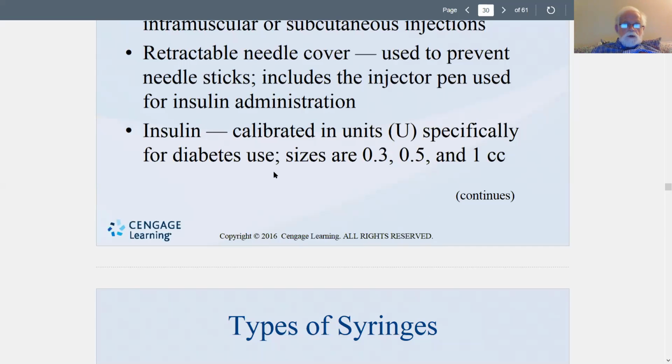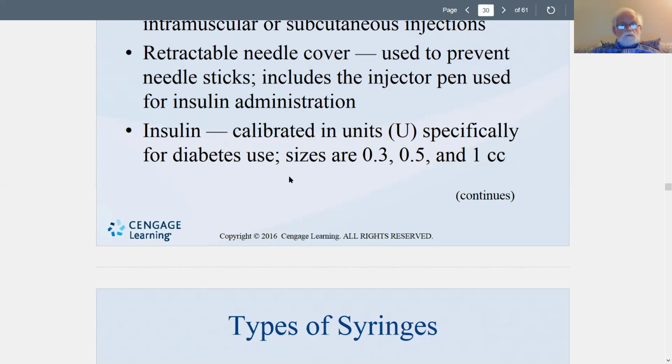Insulin syringes are special. They're calibrated in units, for diabetics, because diabetics generally calculate a number of units. The nice part is that insulin comes in concentrations of 100 units per milliliter.